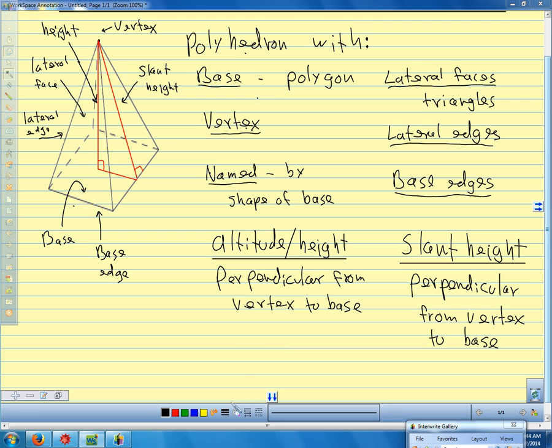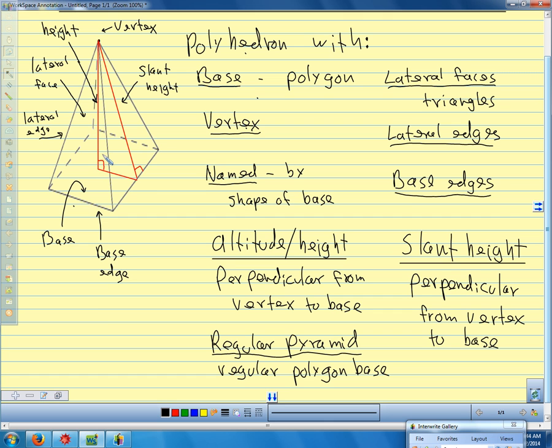A regular pyramid means we have a regular polygon for the base. And when we have a regular pyramid, our altitude comes to the center, to the middle of the base.